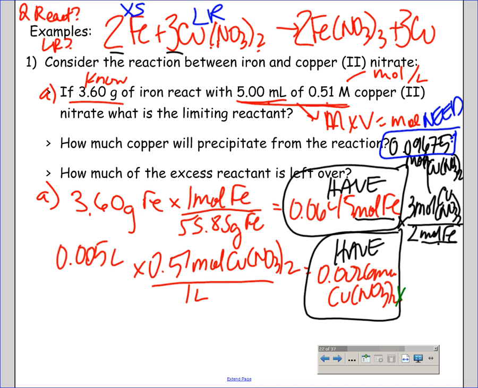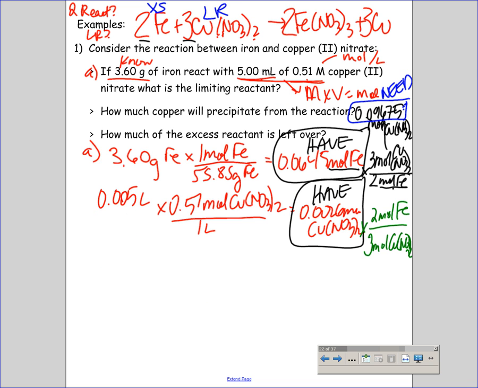So what's my mole ratio between iron and copper again? So 2 goes on top. So 2 moles of iron on top, and on the bottom I need 3 moles of copper 2 nitrate. So this copper 2 nitrate cancels with this copper 2 nitrate down here, and that leaves me with 0.0026 times 2 over 3, which was 0.001733 moles of iron that I need.